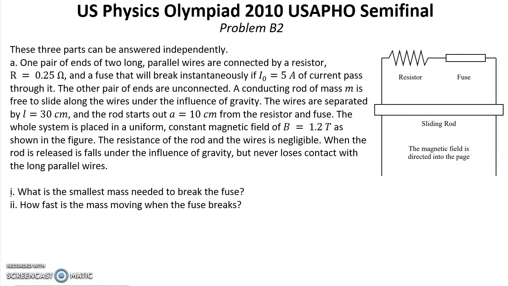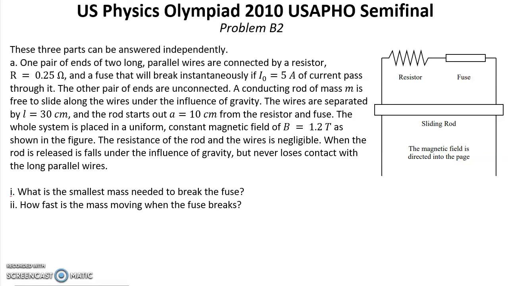US Physics Olympiad year 2010, USAPhO Semifinal. Problem B2. These three parts can be answered independently. Part A. One pair of ends of two long parallel wires are connected by a resistor.